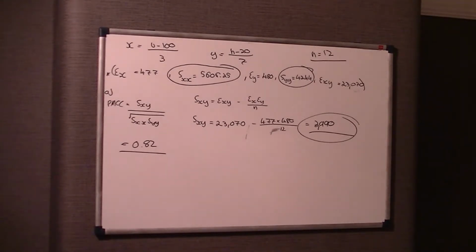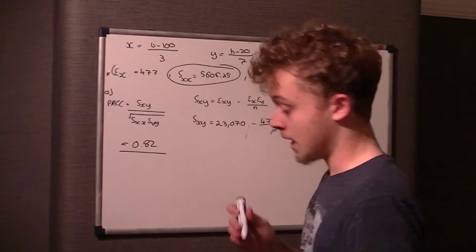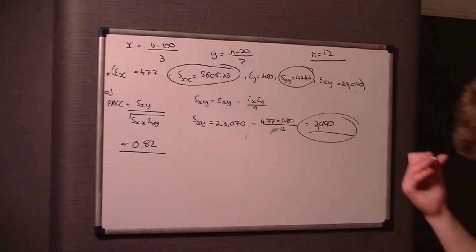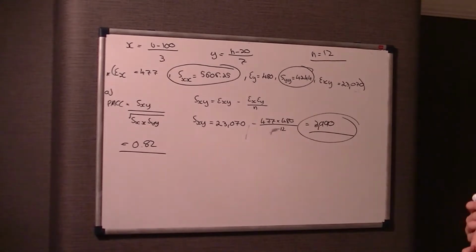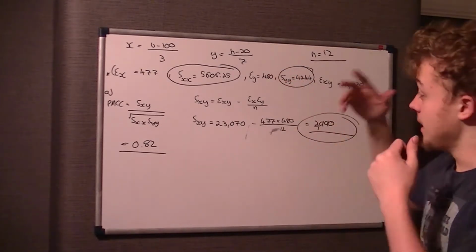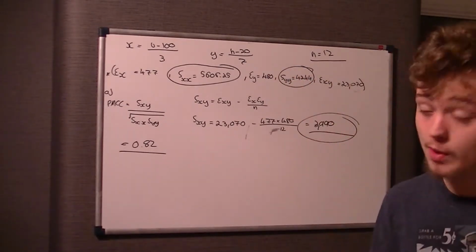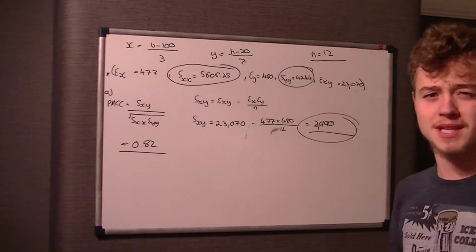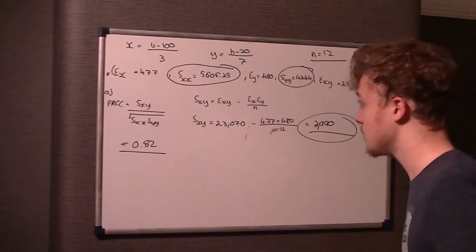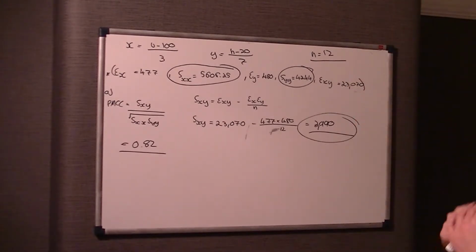Now the next part says, write down the product moment correlation coefficient for U and H. It's only worth 1 mark, so it's probably going to be quite obvious. This is where your knowledge comes in. Each H value has had 20 taken away from it and divided by 7.